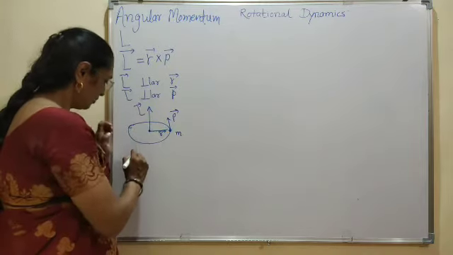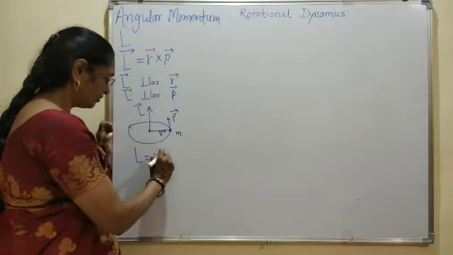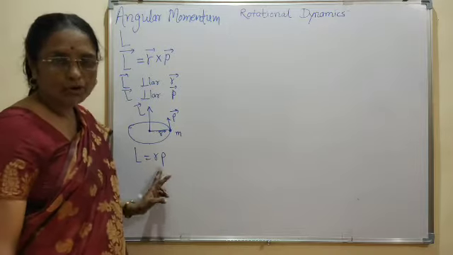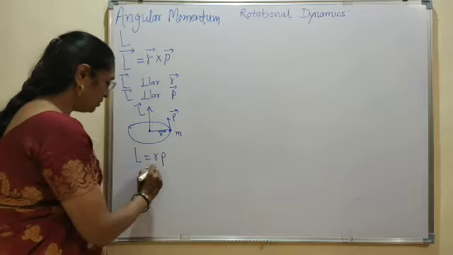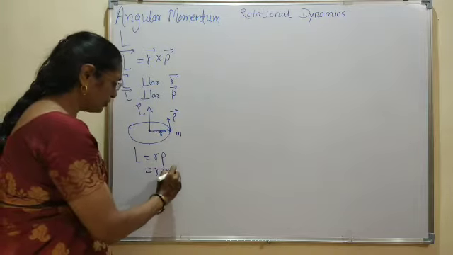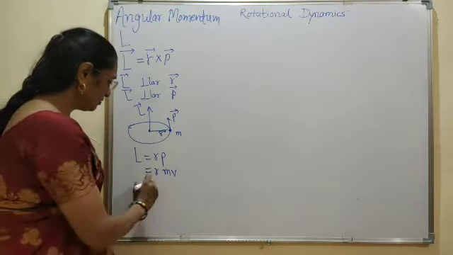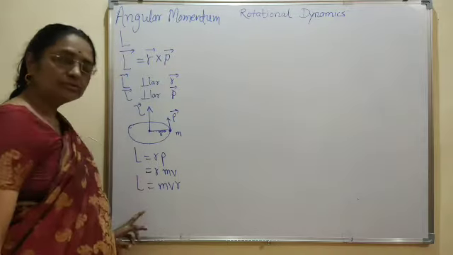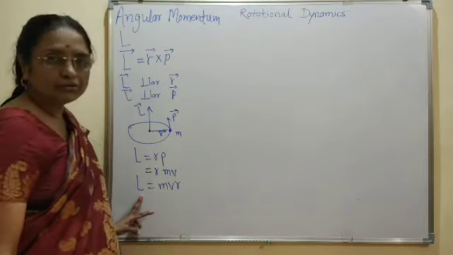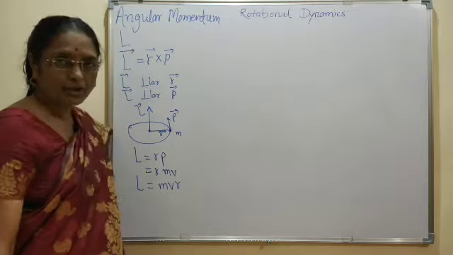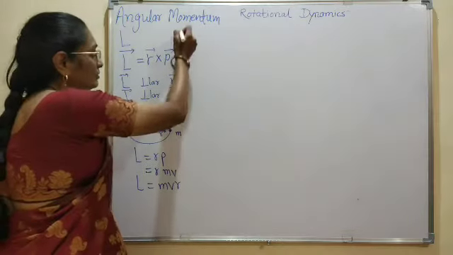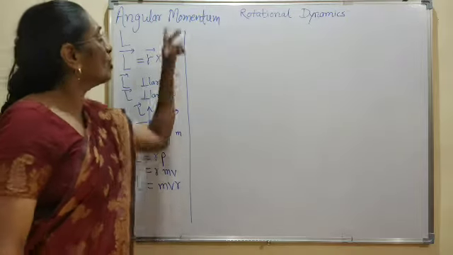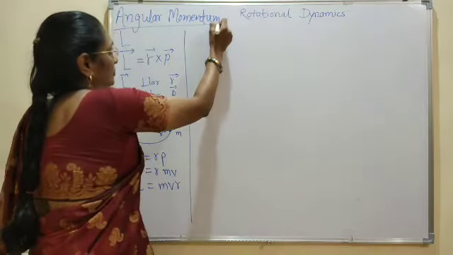So here by magnitude, for this situation, L is equal to the product of r and p, and p we know is equal to m into v. So here m v r gives us the magnitude of angular momentum. These simple points we have to use in the derivation of angular momentum.